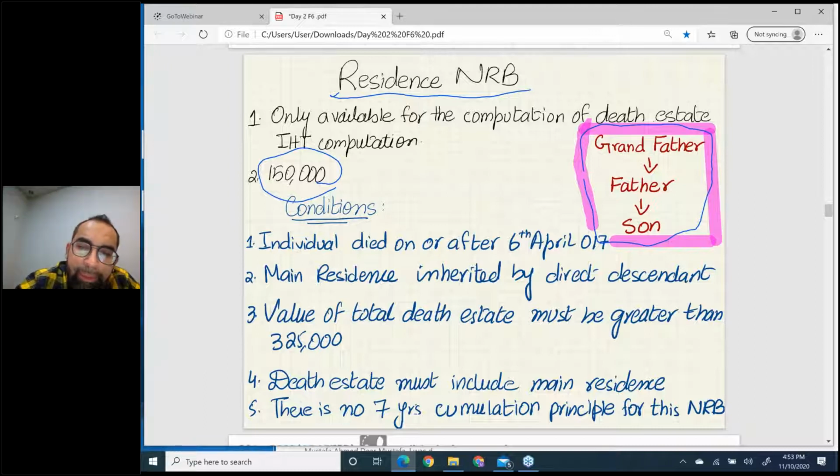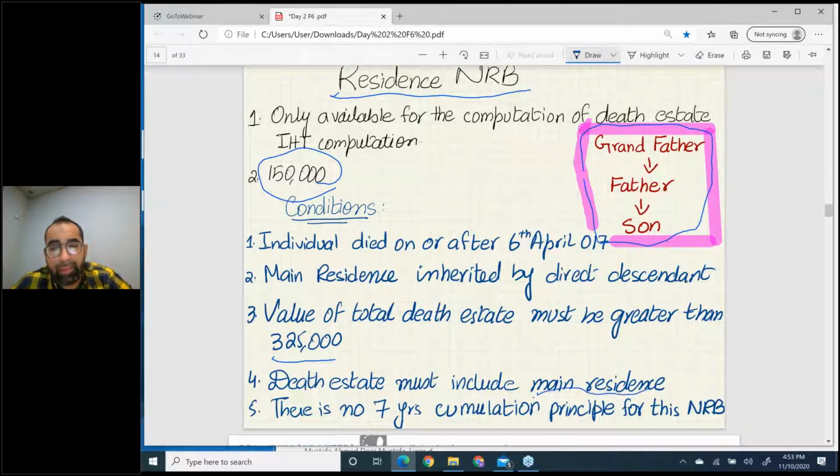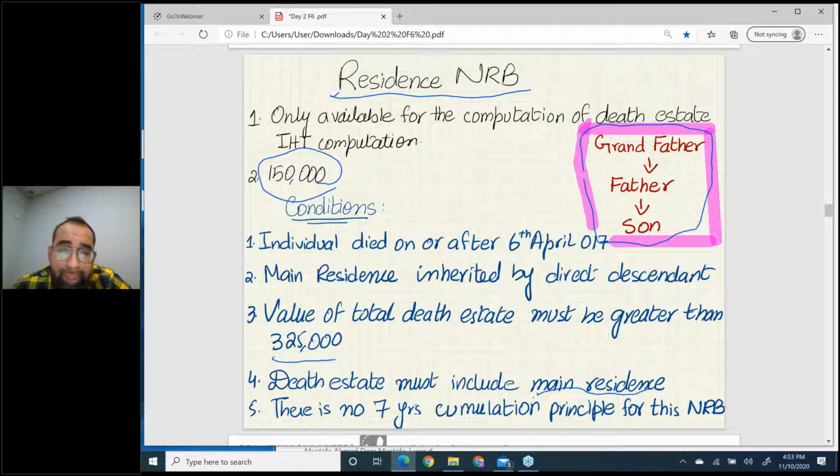The value of the total death estate must be greater than 325,000. This is one more condition. If you want to use this residence NRB, your total death estate must be greater than 325,000. One more thing, your death estate must include the main residence. Your main residence must be part of the death estate.